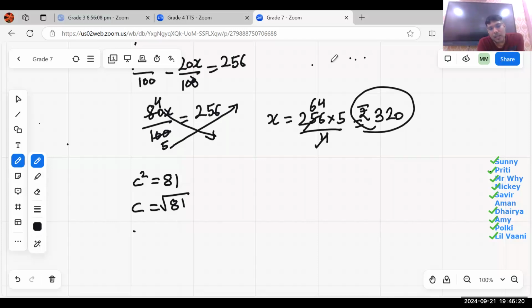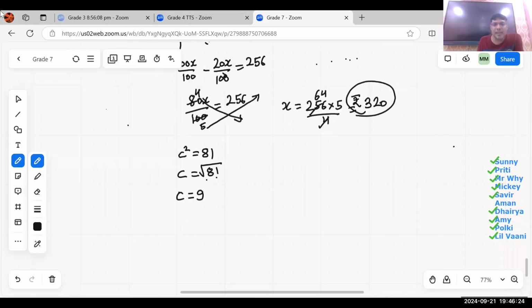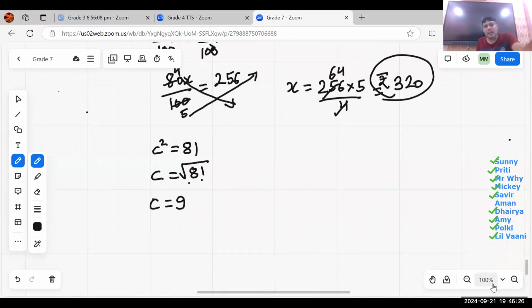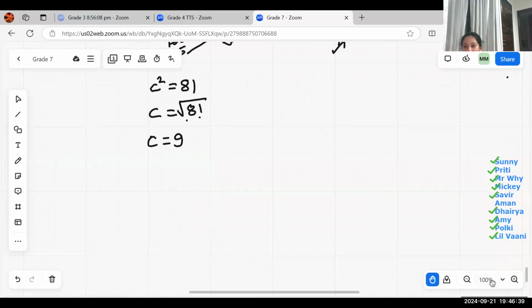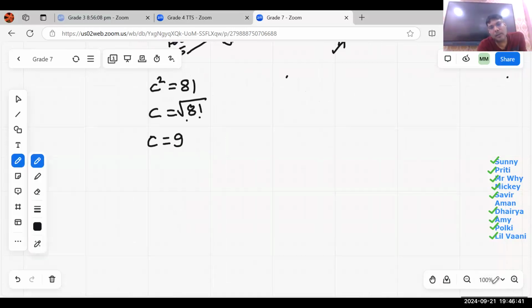So because 9 into 9 is 81, C equal to 9. Now this was easy. But suppose I give you a number whose square root you don't know. Then how will you do it? So factorization. Suppose I give you a number, let's say 576.